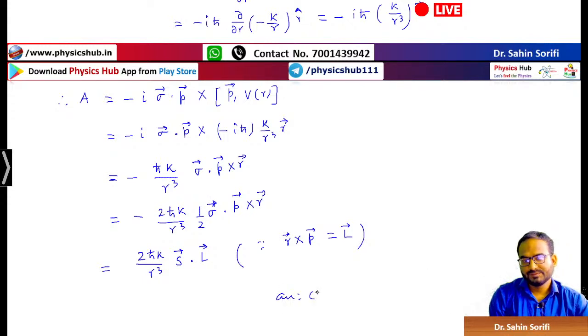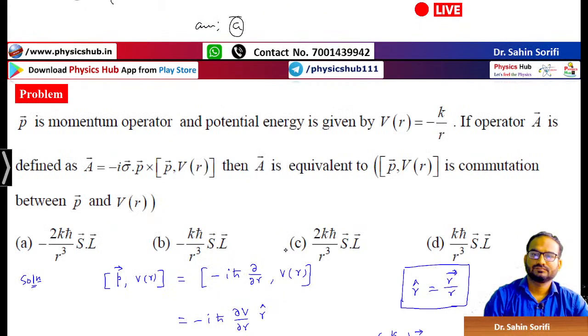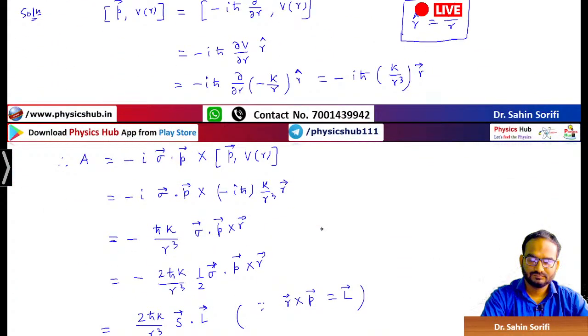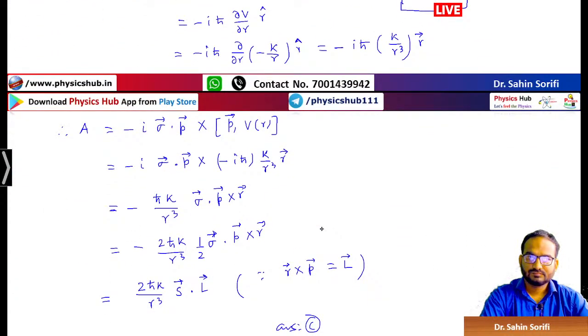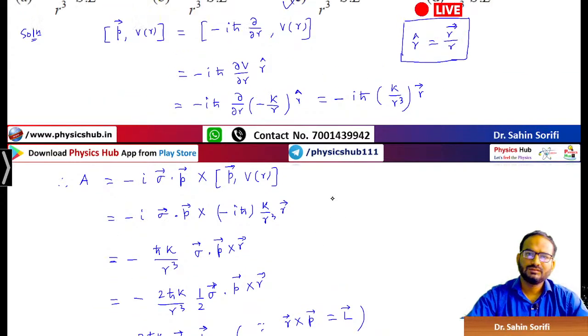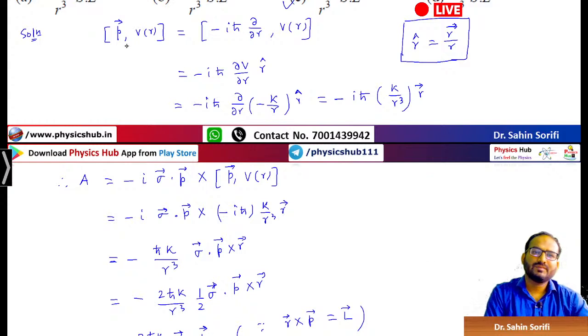This is matching with option C. First part, this one, you can also apply it on some wave function psi, the way we apply wave function psi, then you will end up getting this result.